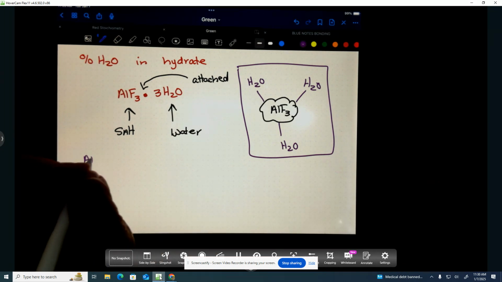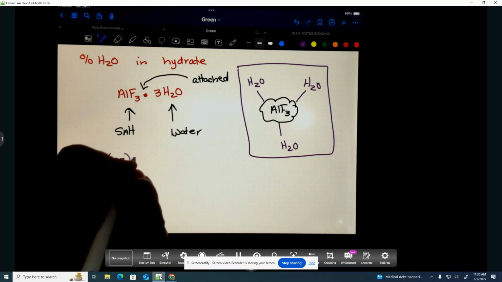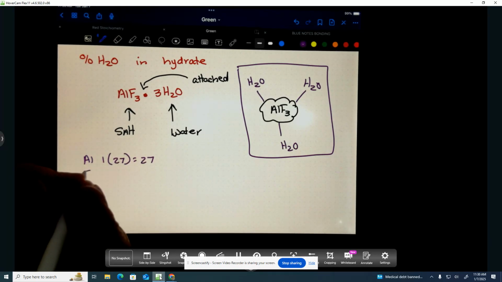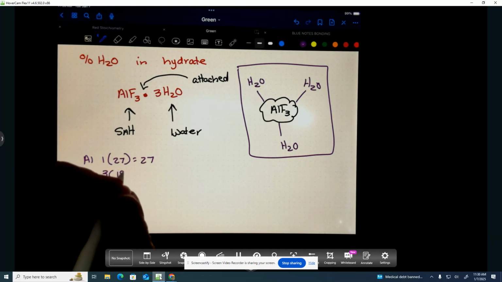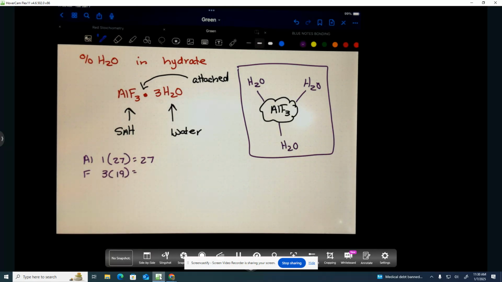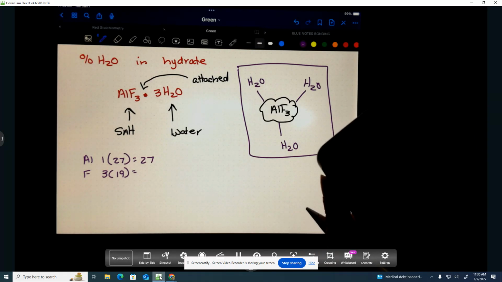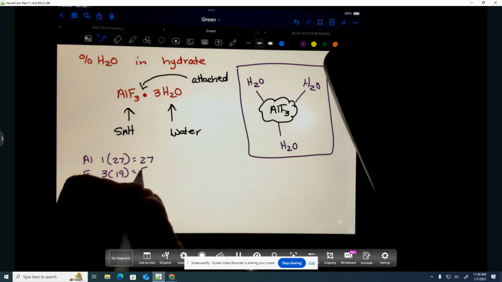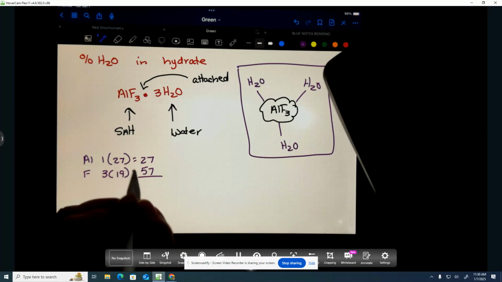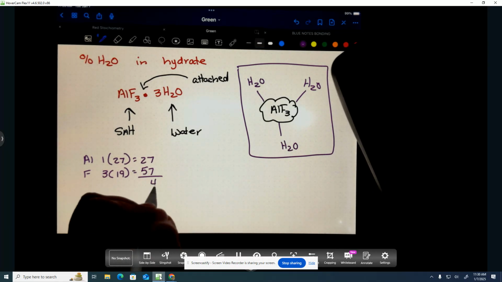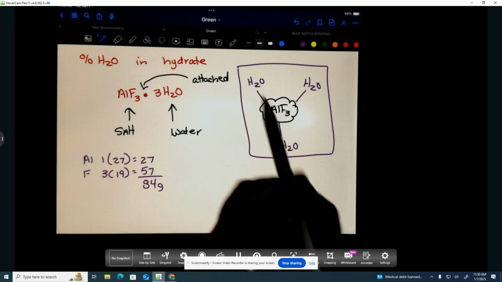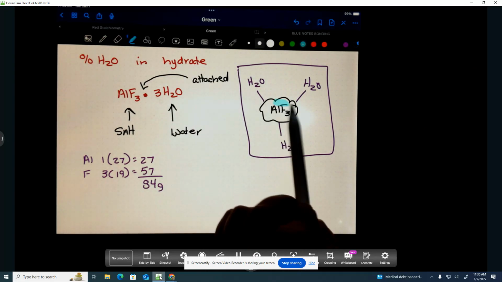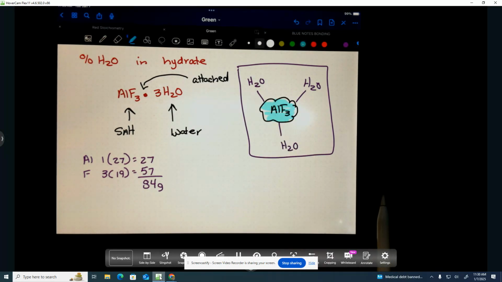We've got aluminum, 1 times 27. Fluorine, 3 times 19. What's 3 times 19? You have calculators out? 57. Good job. That means that the aluminum fluoride is going to weigh 84 grams. So this part right here weighs 84 grams.